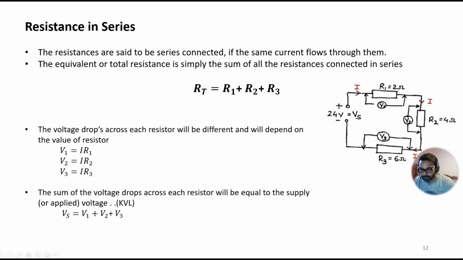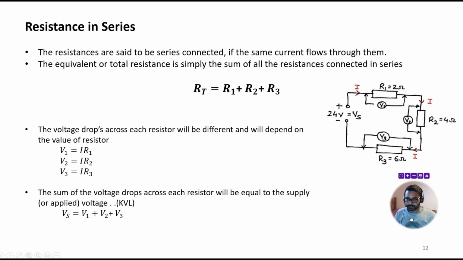Now, all right. So the next thing which we have to discuss in this outcome is resistances in series and in parallel, right? The resistances are said to be connected in series if the same current flows through them.